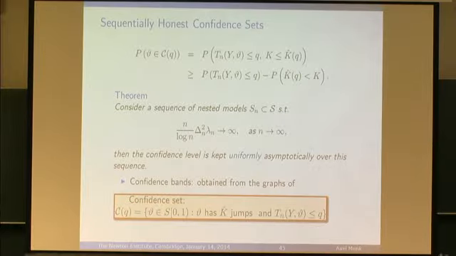You can, for example, prove if I have a sequence of models, that means jump functions, in such a way that the smallest scale where a jump happens times the square of the smallest jump size is roughly of the magnitude of log n over n, then you can show that the confidence level is kept uniformly asymptotically as n goes to infinity over the sequence of spaces.